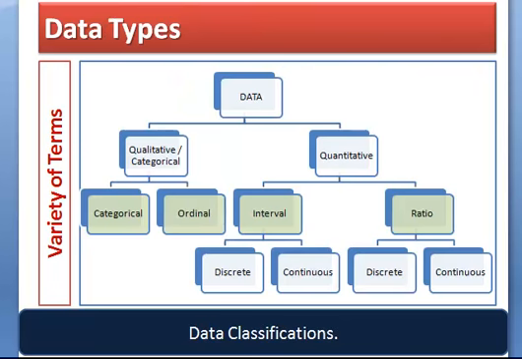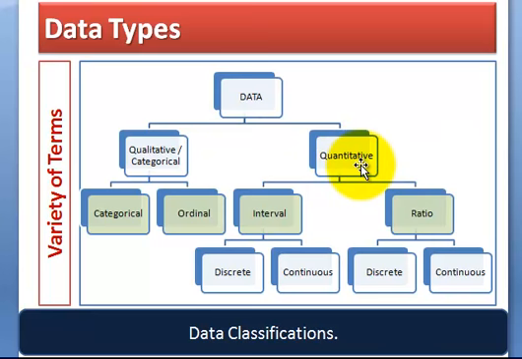Now, once we get by some terms, let's understand the different types of data. Unfortunately, different books and different disciplines are going to name these things a little bit differently. But let's start off at the top. We have data. A lot of mathematics folks, if you take a mathematics statistics course, are probably going to split it between two categories. They're going to take qualitative data, sometimes called categorical, and they're going to take quantitative data.